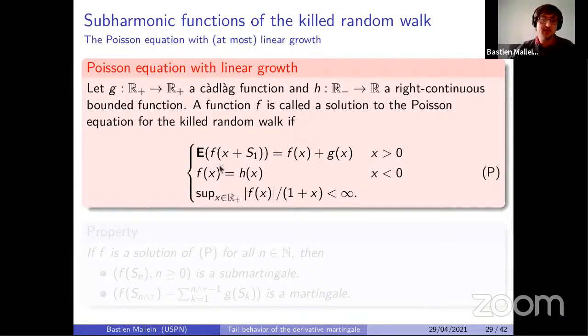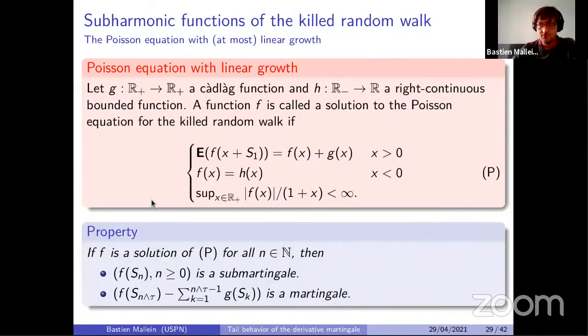So I know that the expectation of d of x plus s1 is larger than d of x. So I can write it as d of x plus some additional term. I know as well, for example, the value of d for x negative, and I know that f, or d in my case, has at most linear growth. What I'm looking at is characterizing all solutions of that type of equation.